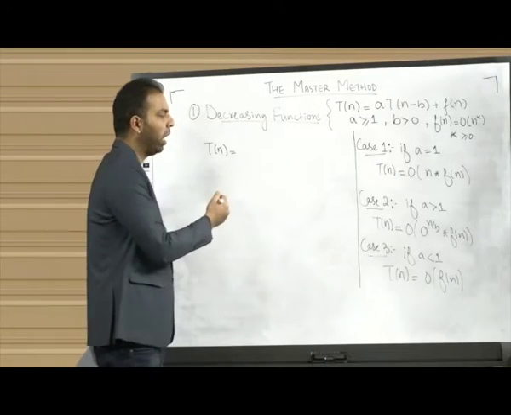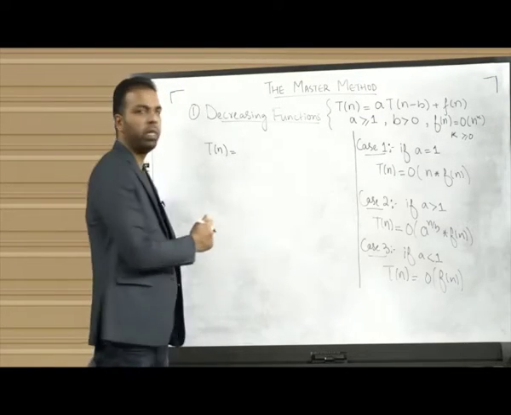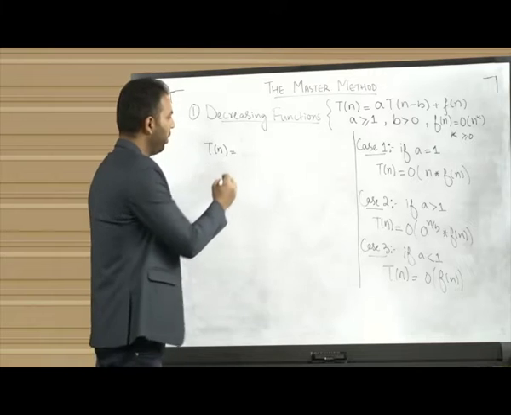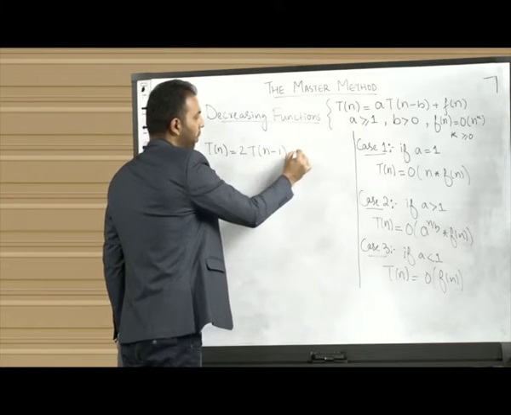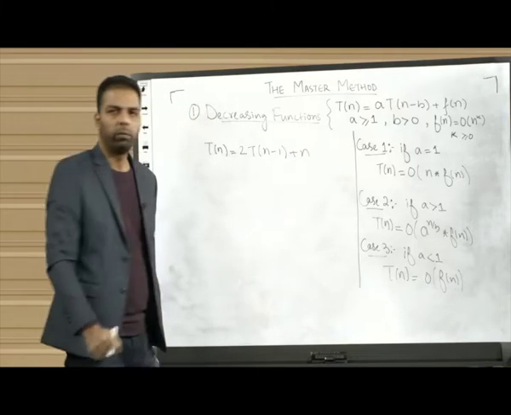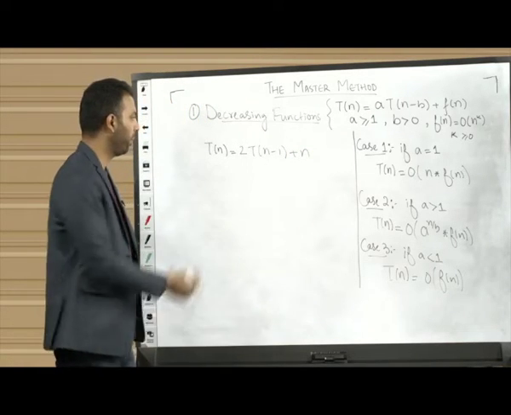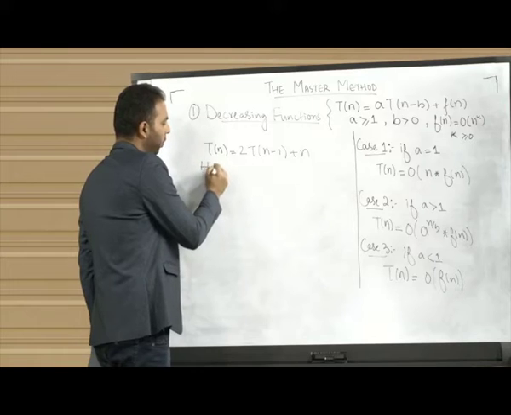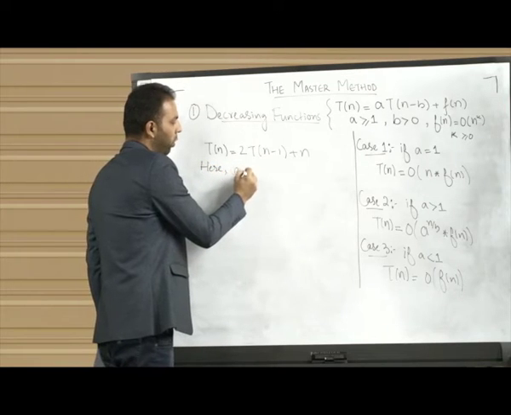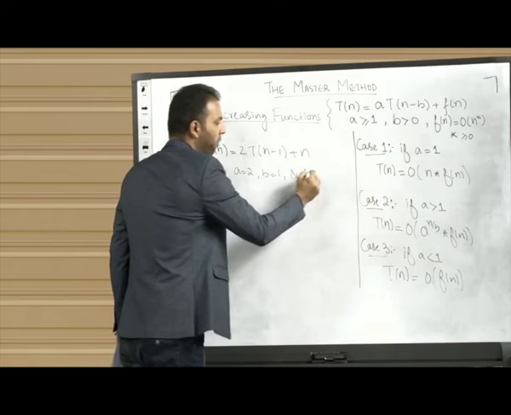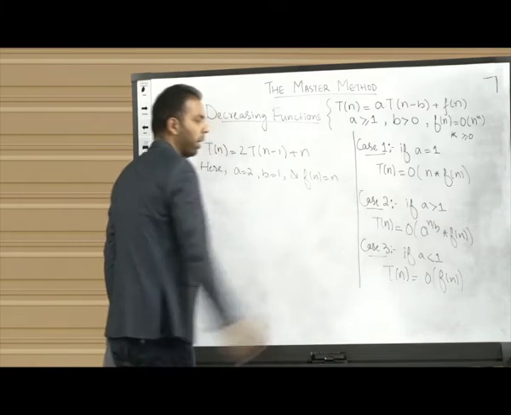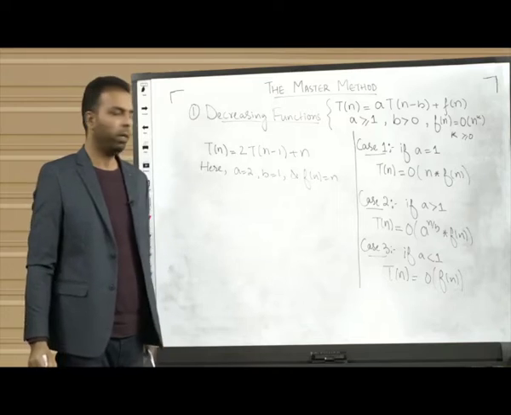We'll take the last example for these decreasing functions. Say we are having T(n) = 2T(n-1) + n. Okay, pretty basic example. So here we have a is equal to 2, b is equal to 1 and f(n) is equal to n. Fine.